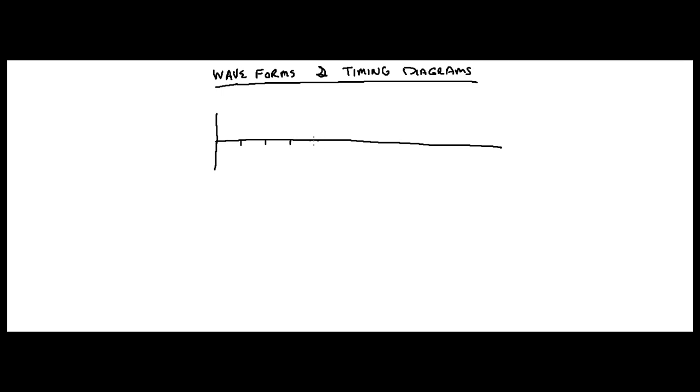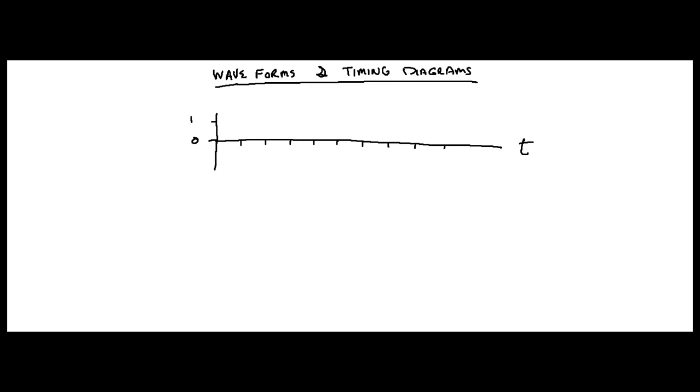Time is on our x-axis, which I'm drawing tick marks on. And the farther right you go, the more time has passed. Okay? So I'll just draw a big old T there for time, shall we? Now on this axis, let's just say it's either a 0 or a 1. Okay?